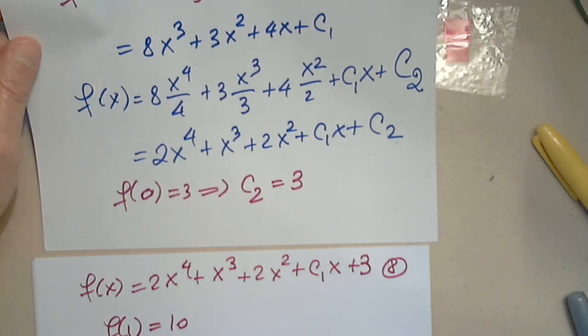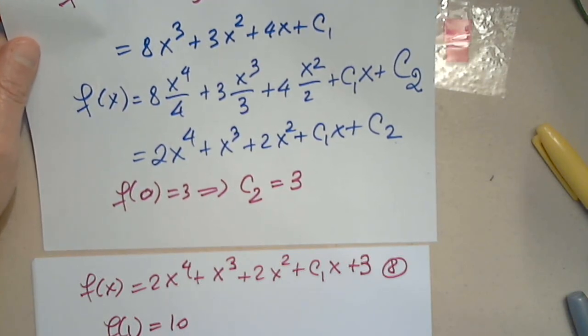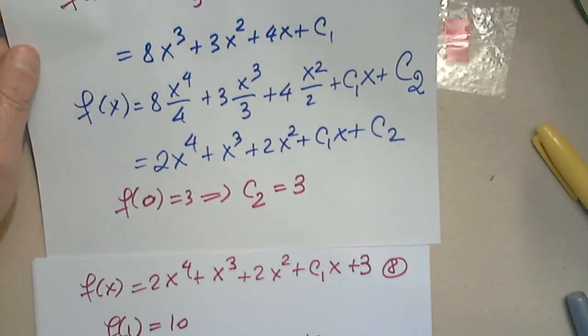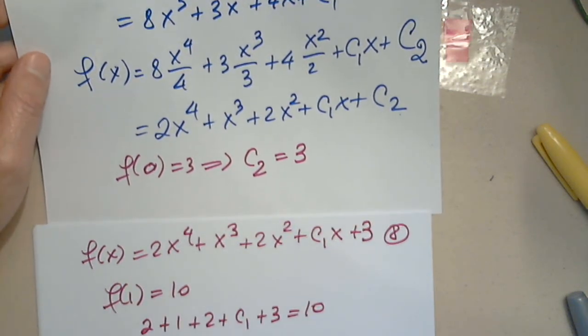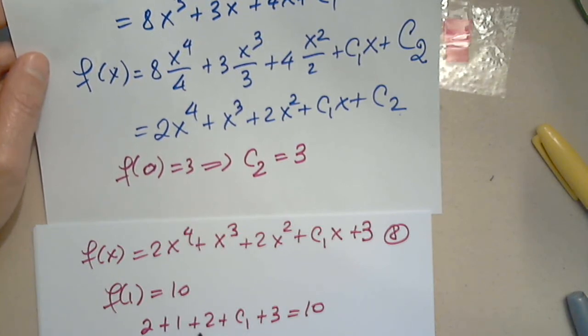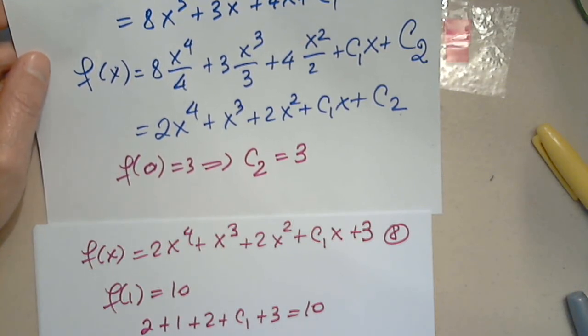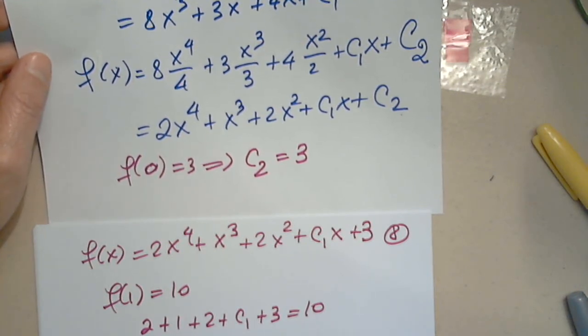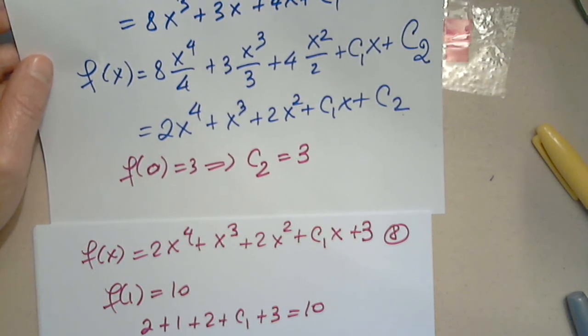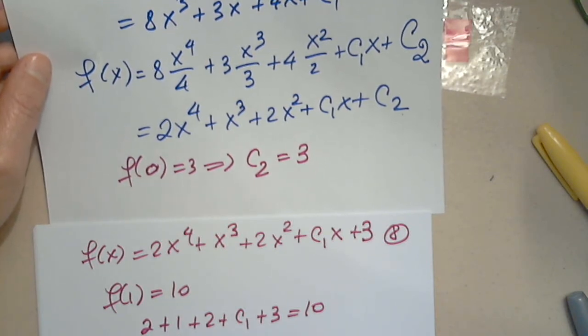So this is 5, plus 3 is 8. Subtracted from 10 is 2.